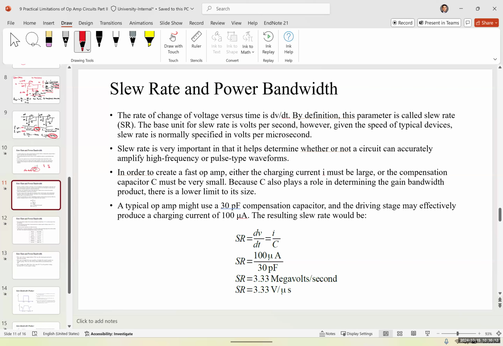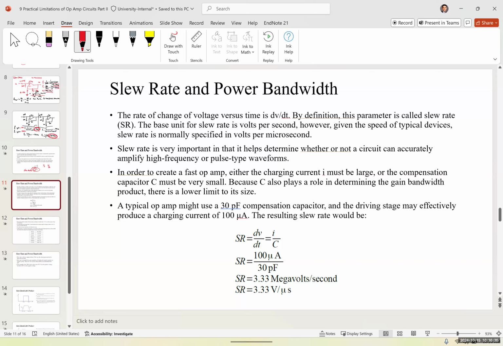So usually it's more desirable to have an op-amp with a higher slew rate. In most cases, if we have a high frequency system, like a communication system, the slew rate would limit our frequency response.